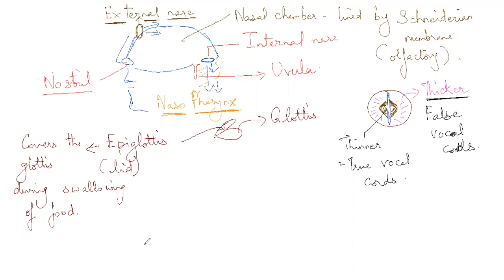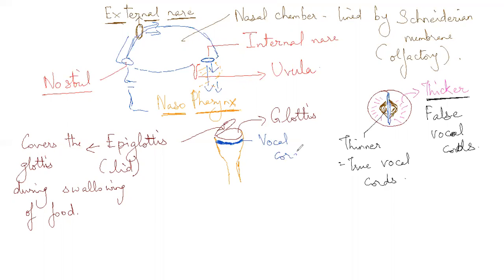So basically, if this is the opening, there is a dilated part here, and then this becomes tubular. The vocal cords are just below the glottis.